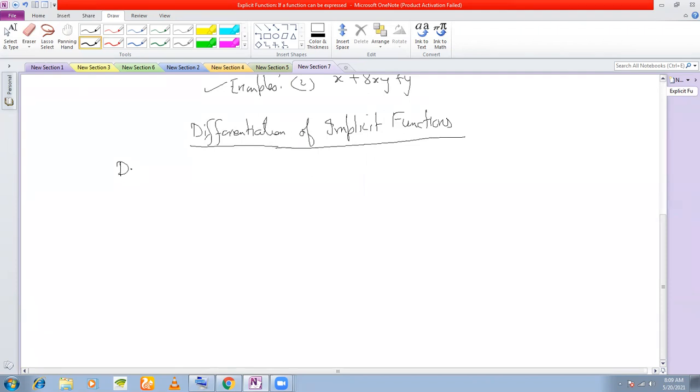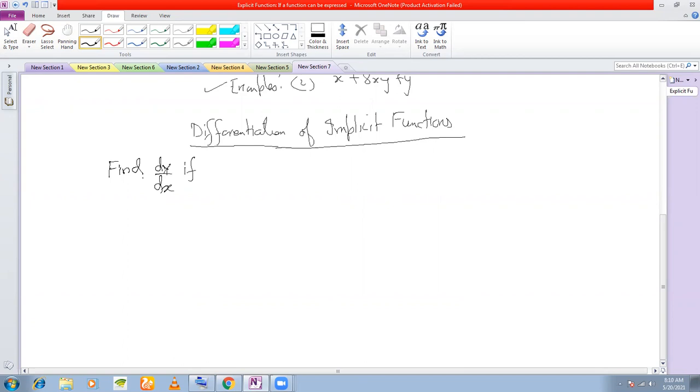Find dy/dx. When I write dy/dx, it means y is the dependent variable and x is the independent variable.